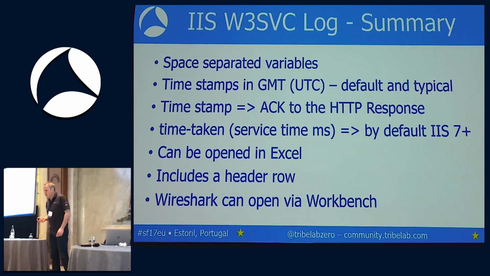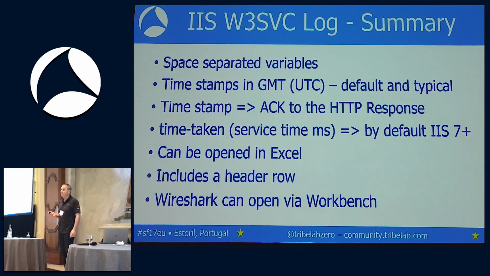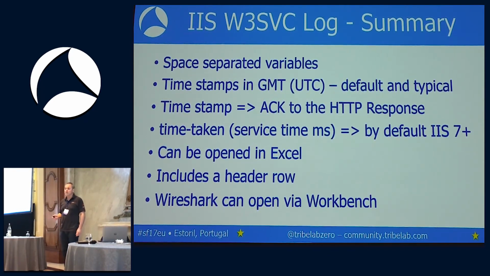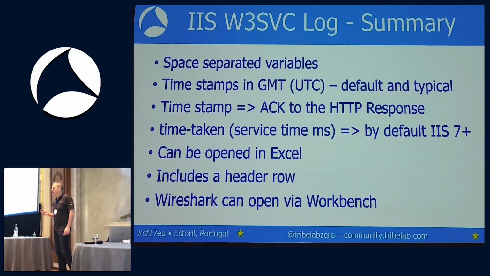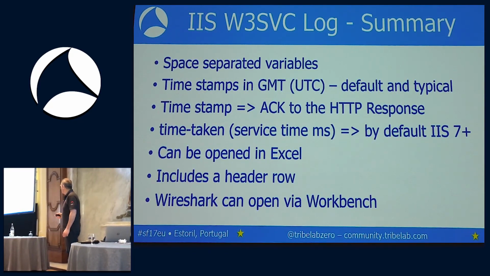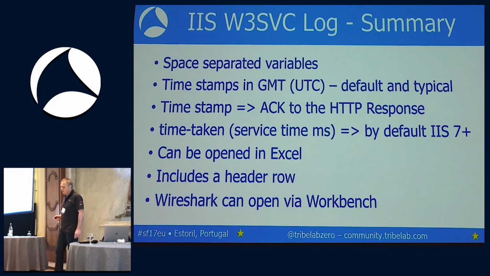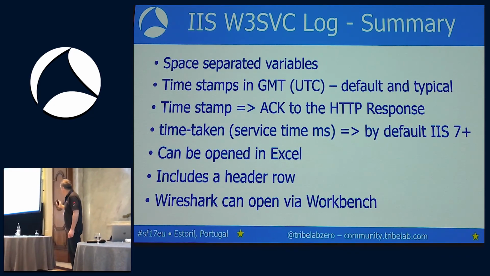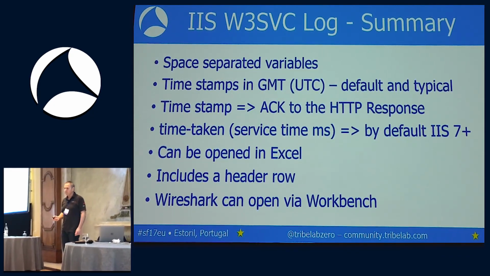It's a value called time taken, so that's the value you'll see in the column header. Standard on IIS 7 upwards. On earlier releases, it's there, but you just have to enable it. You can open it in Excel in the way that I showed. It's got headers, and Wireshark can open it in Workbench.